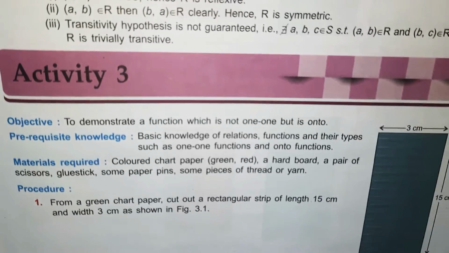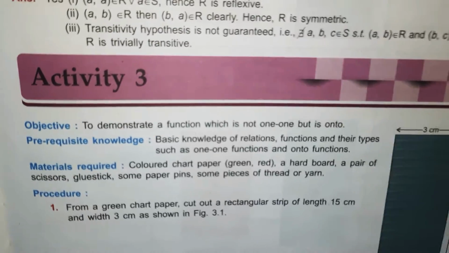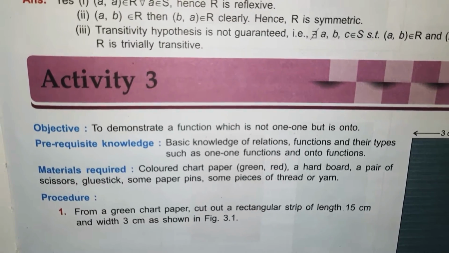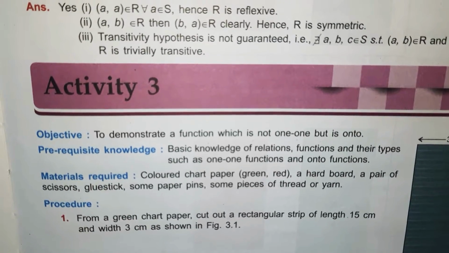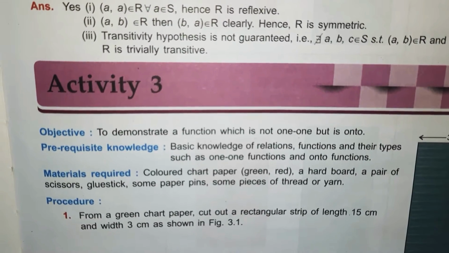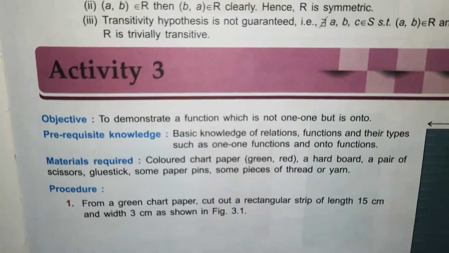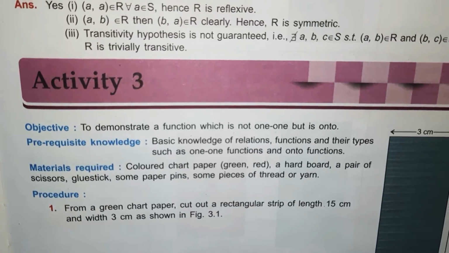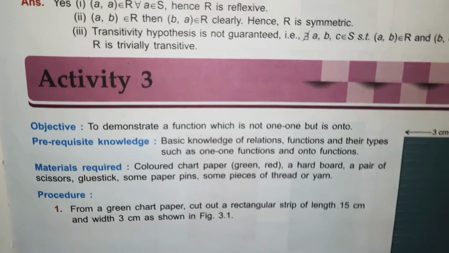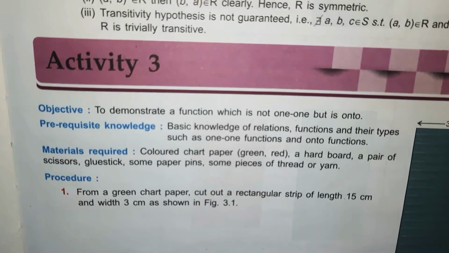A pair of scissors, glue sticks, some paper pins, some pieces of thread or yarn, you can use. Whatever material you are using, if you write that material only, that will be good enough, because we are not using the board pen and all. But for the other activities, I will show you the practical part also, that how we are proving the activity.